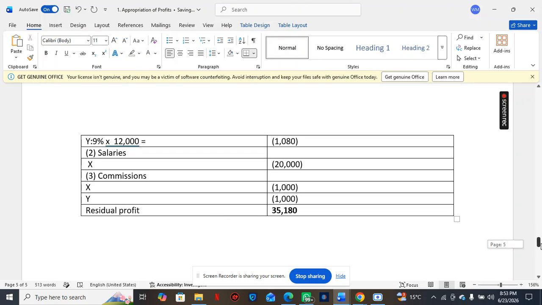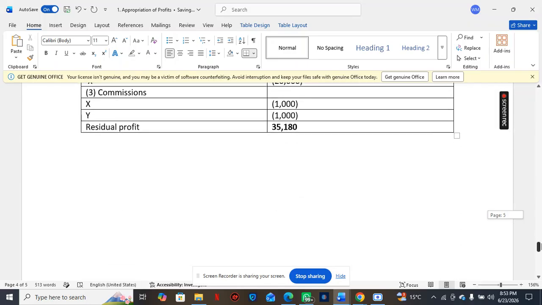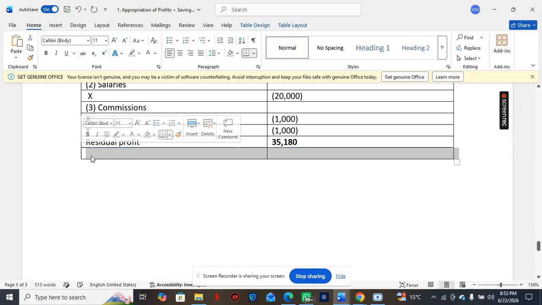So we're going to go to the profit sharing ratio, in this case 1 to 2. Remember, 1 plus 2 gives us 3.